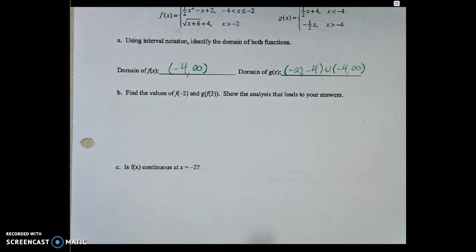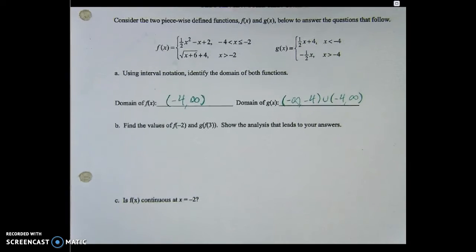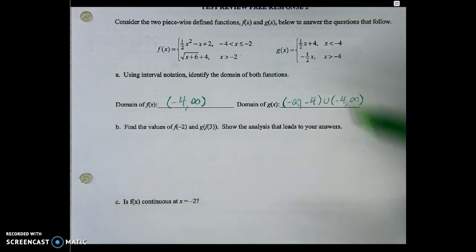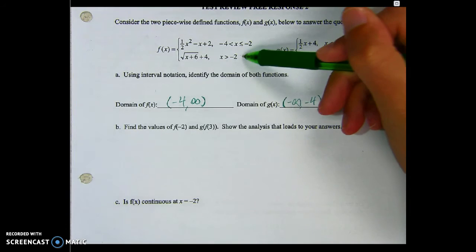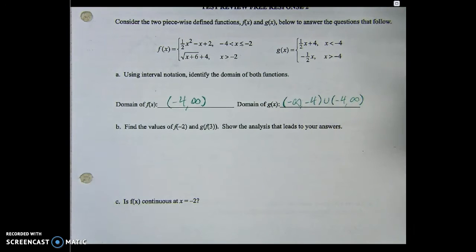Next we have to find the values of f of -2 and g of f of 3. It says show your analysis. So really the first one, there's not a whole lot to show other than the work that gets us our answer. We know that -2 falls into which of these two constraints? Well, the value -2 is included in this first constraint, so we're going to use the top function.